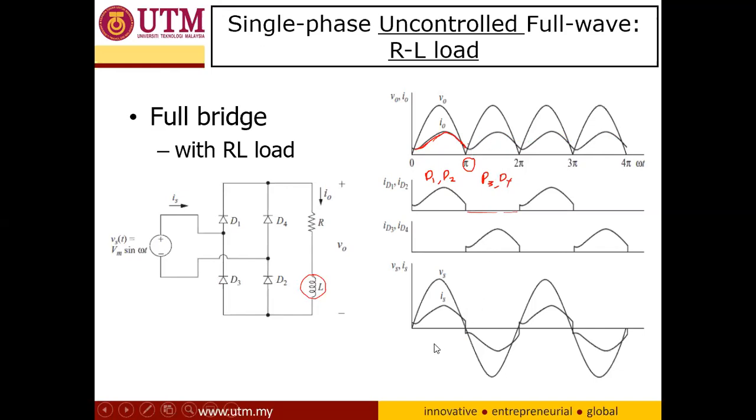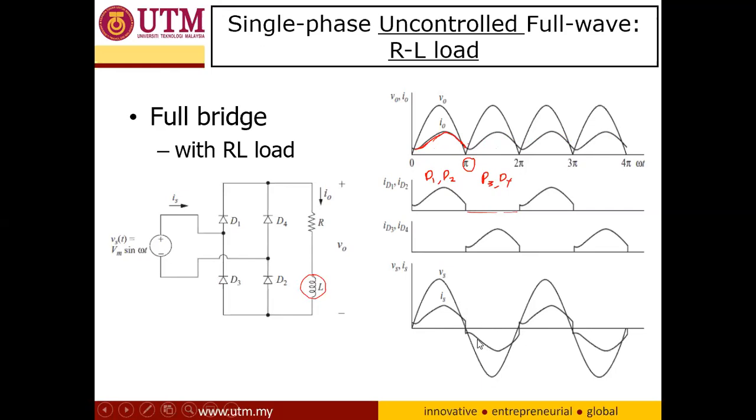This is the voltage source, and as you can see, the source current is no longer sinusoidal, as it takes the shape of the output current. For the positive half the current is positive, but for the negative half the current reverts to a negative value.